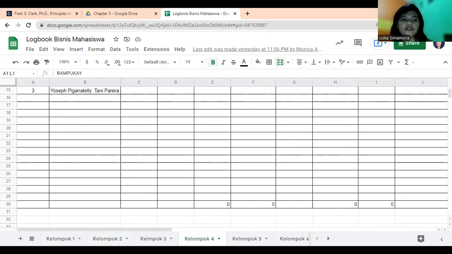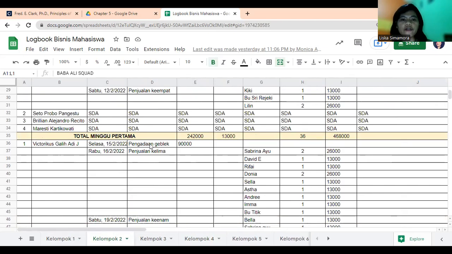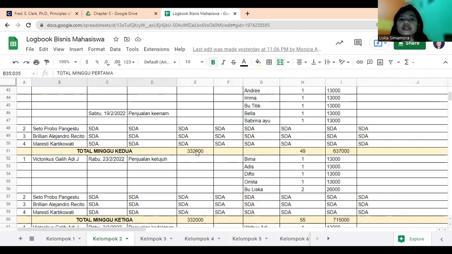So I have told you, you have to fill the total of your cost and your revenue each week. The first week, how much do you spend and how much do you earn? The second week, how much do you spend and how much do you earn?